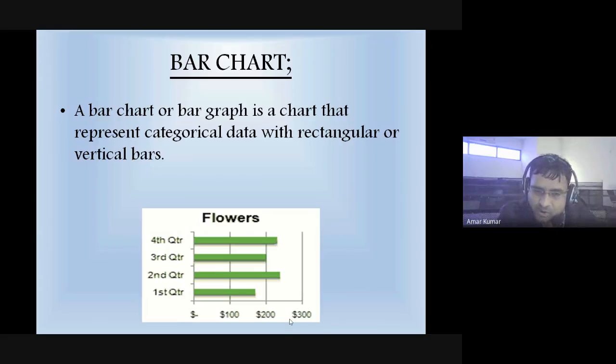And at the bottom, you can see the money or amount spent on flowers. In the first quarter, the money spent was from 100 to 200. Now, in the second quarter, the money spent on flowers is between 200 and 300.